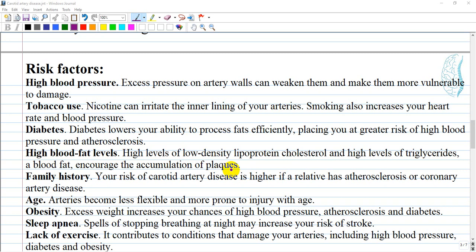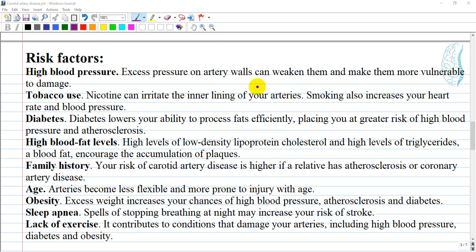Factors that increase risk of carotid artery disease include high blood pressure, which is excessive pressure on the arterial wall that can weaken it and make it more vulnerable to damage; tobacco use or smoking, as nicotine can irritate the inner lining of your arteries, the intima of the vessel; diabetes, which lowers your ability to process fat efficiently, placing you at a greater risk of high blood pressure and atherosclerosis; high blood fat levels, such as low density lipoprotein cholesterol or LDL, and high levels of triglycerides; and family history.